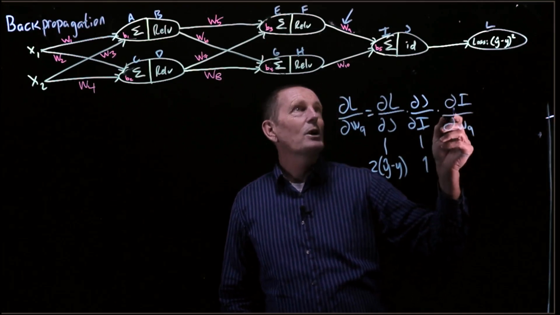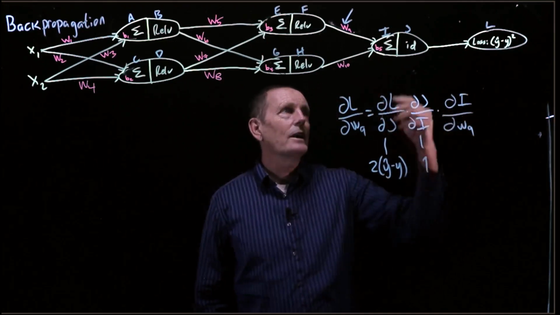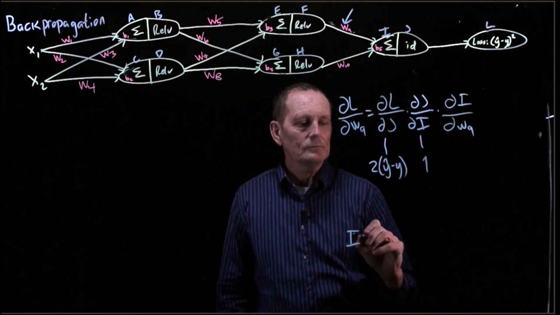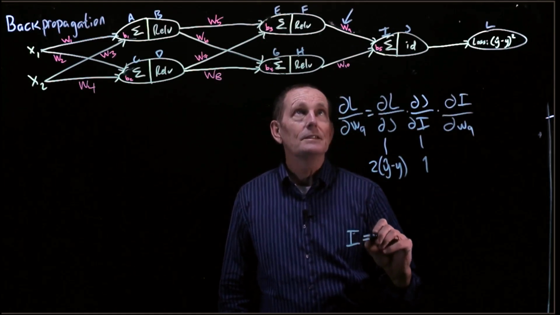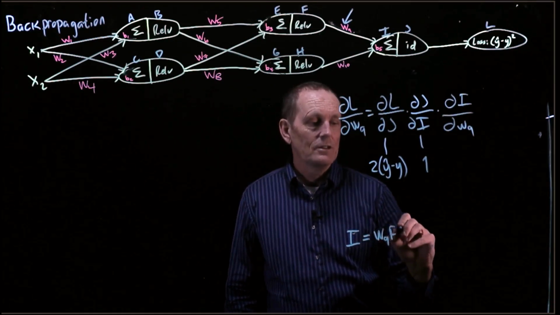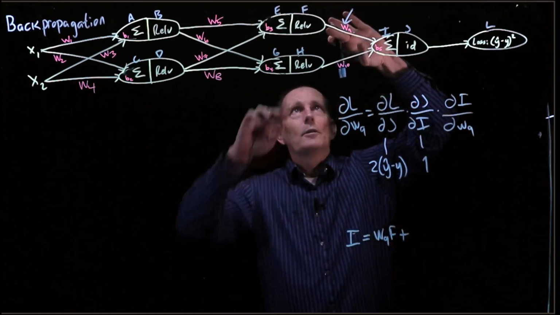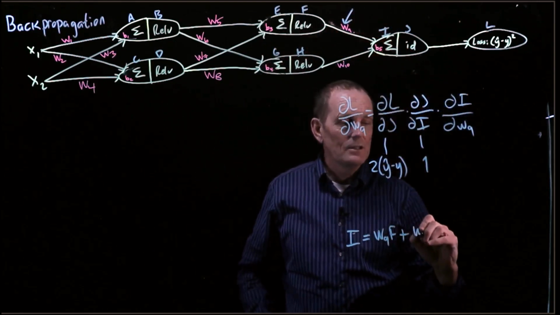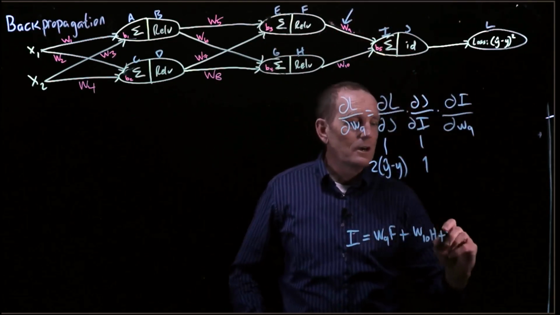And then the partial derivative of I with respect to W9, well, let's just look at what I is, right? I is equal to W9 times F. So that's here, output of F times W9 plus the output of H times W10 plus our bias.